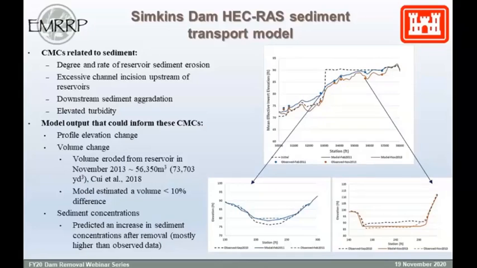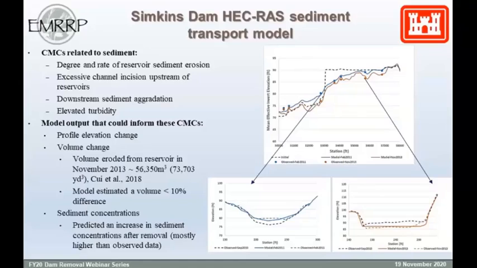And the model was able to estimate a volume that was less than 10% different from what Cooley published. So that tells me the model was also able to estimate a reasonable volume of eroded sediment.